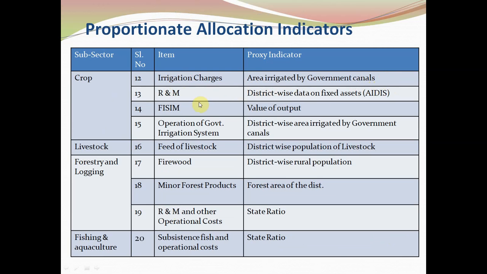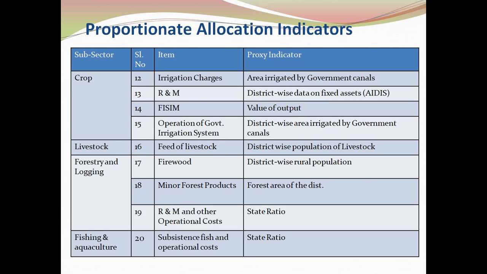For repair and maintenance, district wise data on fixed assets, AIDS survey results can be used. For FISIM, value of output is used. For operation of government irrigation system, district wise area irrigated by the government canals can be used. In case of livestock, feed of livestock, proxy indicator is used as district wise population of livestock.